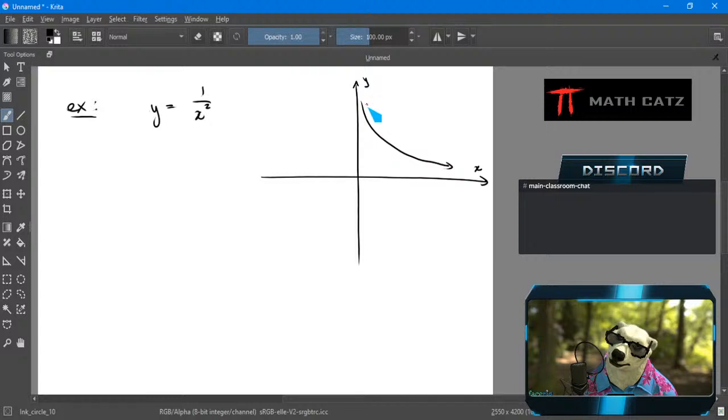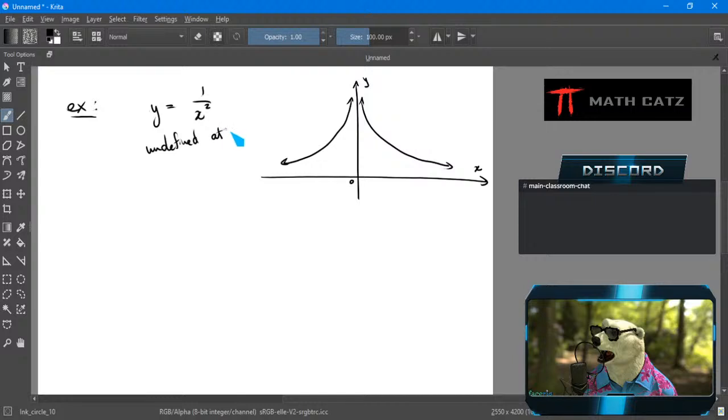And you can plug in some numbers and convince yourself, and it's not overly complicated like that. So we see that apart from the long-term behavior question, there is an interesting thing happening as I get close to 0. This function is undefined at x equal to 0.